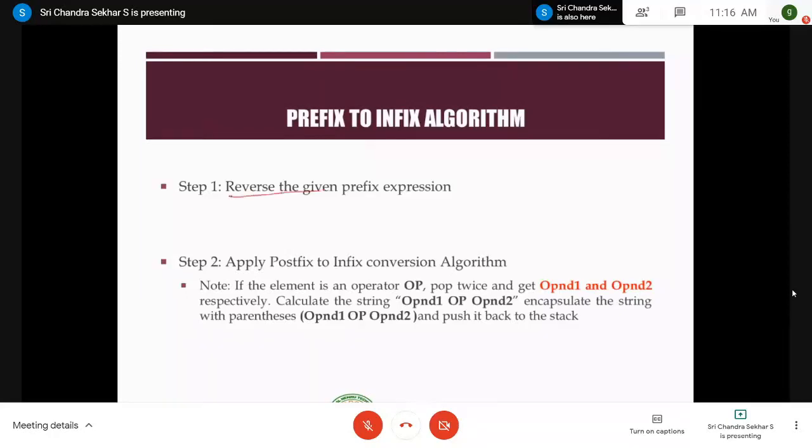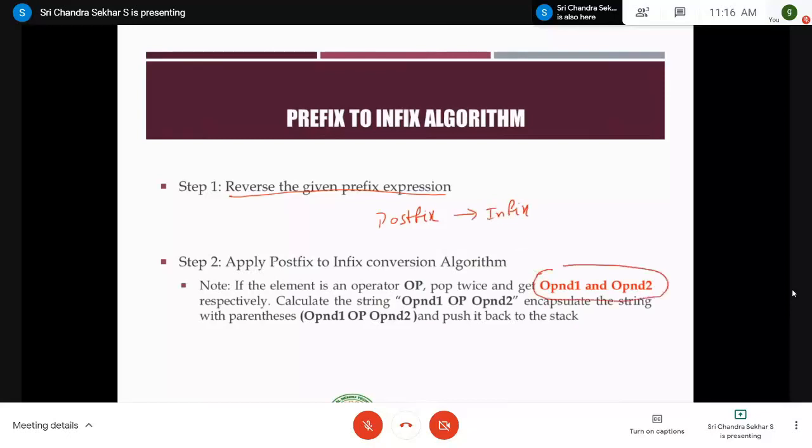Since you have reversed the given prefix expression, it is nothing but a postfix expression. If you reverse the postfix expression, it is a prefix expression, right? We know the algorithm to convert postfix to infix, so you apply the same thing. But remember that since you have reversed it, there is some change over here.